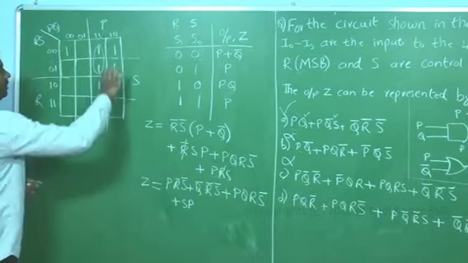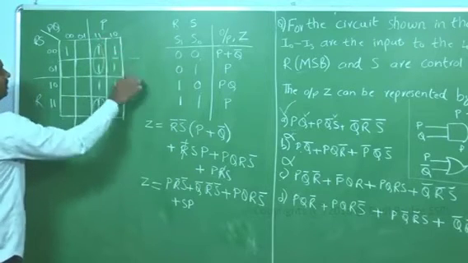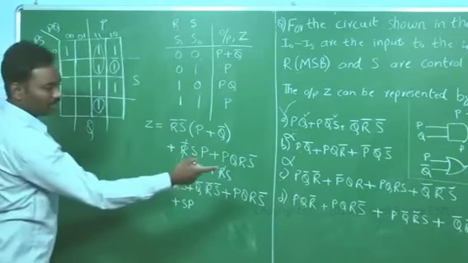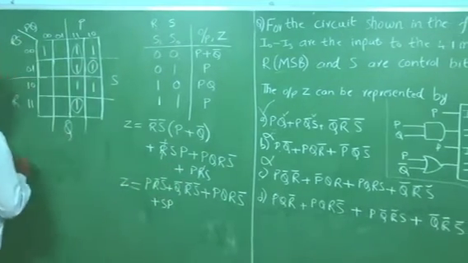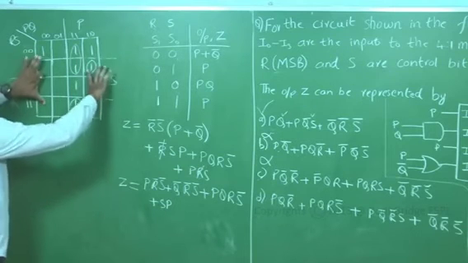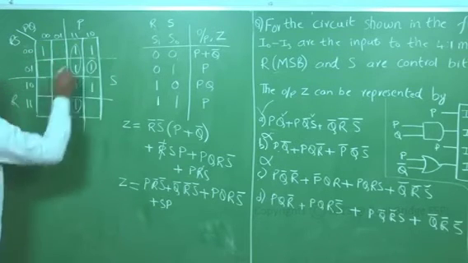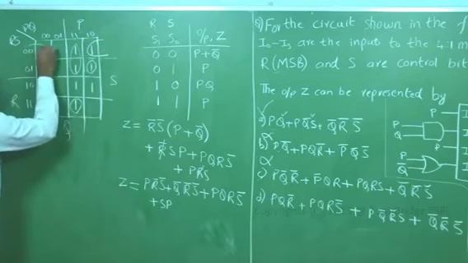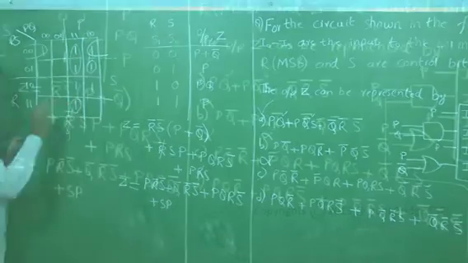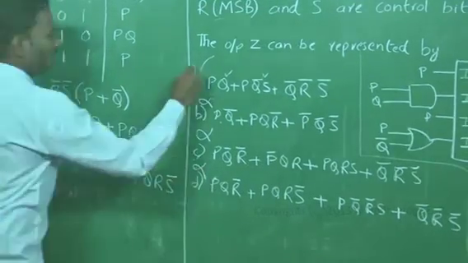Q bar represents these 4 cells, R bar these 2 cells, and S represents this cell. So this minterm is covered. The last term is Q bar R bar S bar. Q bar represents these 8 cells with R bar these 4 cells, and S bar represents these 2 cells. So these 2 cells are covered. We can see that in option D, these 2 minterms are not covered. So option D is wrong. The right answer will be option A.